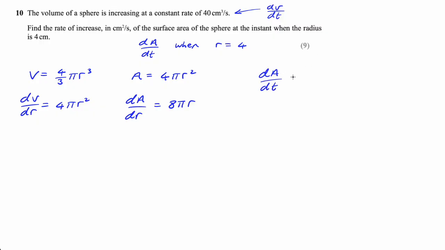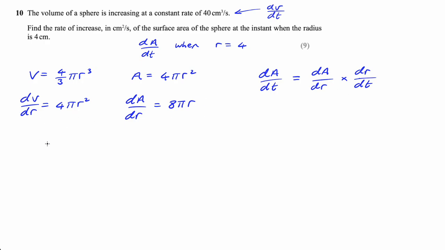dA/dt is going to be dA/dr times dr/dt. So I need to find dr/dt, and I'll find it from this dV/dr thing. Because I know dA/dr is 8πr, but I don't know dr/dt.